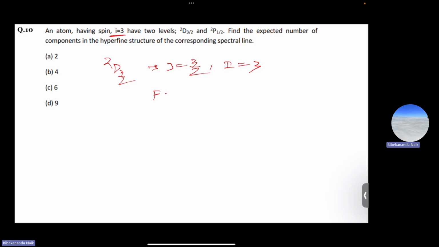So what will be F? F will be J plus I to the modulus of J minus I. So J plus I is 9/2 and the modulus of J minus I is 3 minus 3/2, which is 3/2. So there will be 9/2, 7/2, 5/2, 3/2.